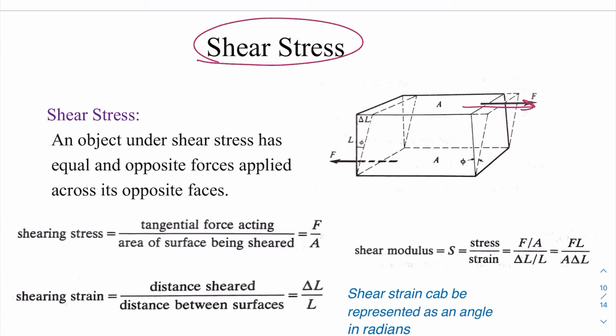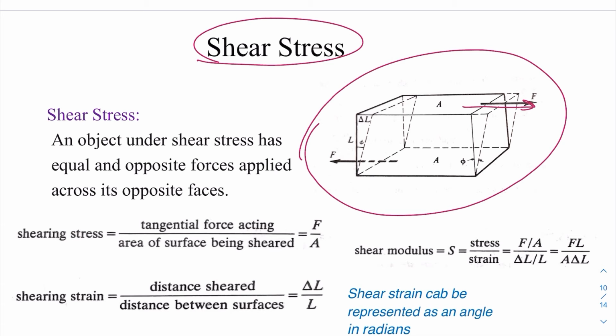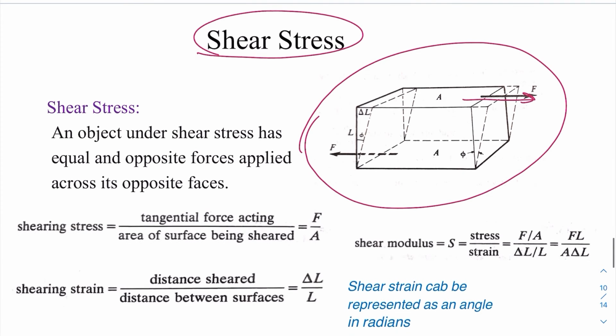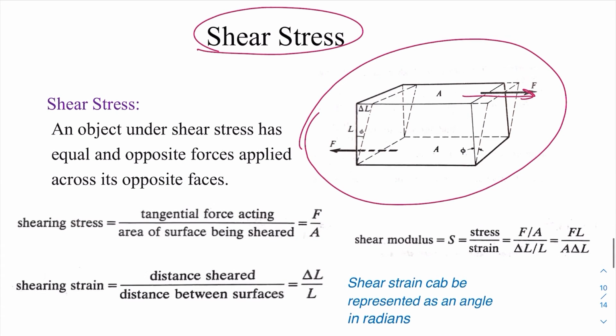It's no longer about the deformation of the length, but a different form of deformation, as you see in this image here. So again, in shear modulus, we have shearing stress and we have shearing strain.